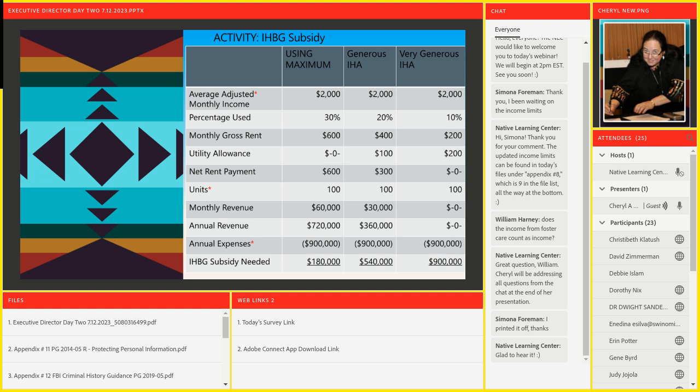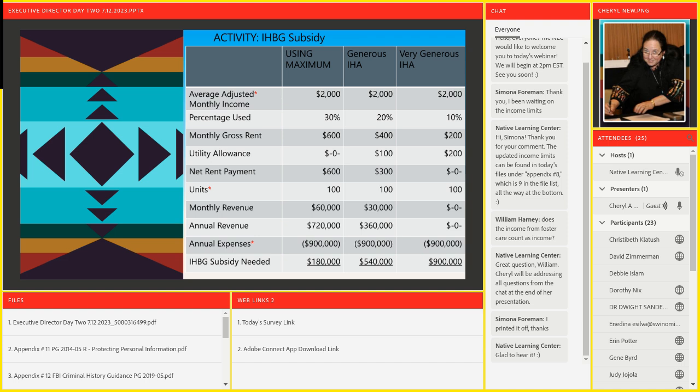If I got it from everybody, my monthly revenue would be $60,000, so my annual revenue would be $720,000 a year. So in that scenario, with no utility allowance, charging the most I could charge, getting it from everybody, I'm still going to need $180,000 a year from my subsidy to run those 100 units.